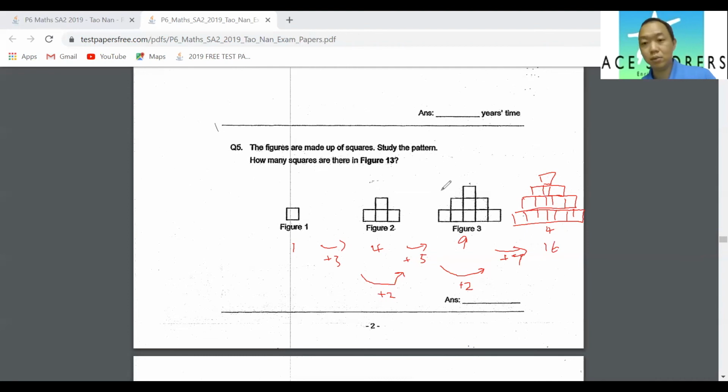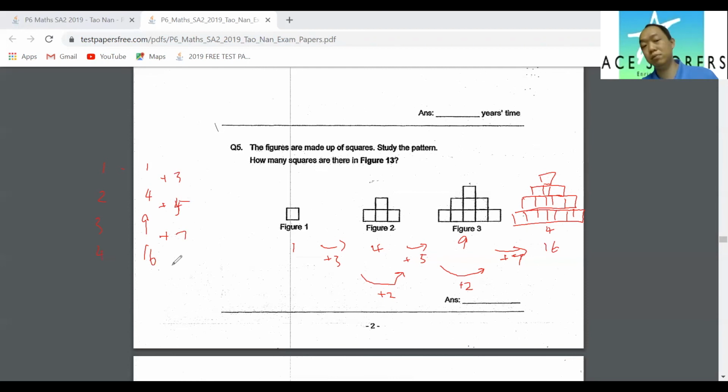Yeah, I'm going to do that, okay? Because it's faster. So you see, figure 1 is 1, figure 2 is 4, figure 3 is 9, figure 4 is 16. Okay, so figure 5, you see here, plus 3, plus 5, plus 7.